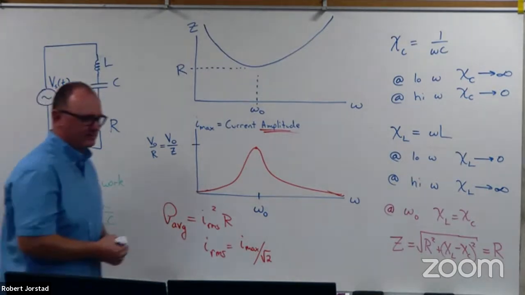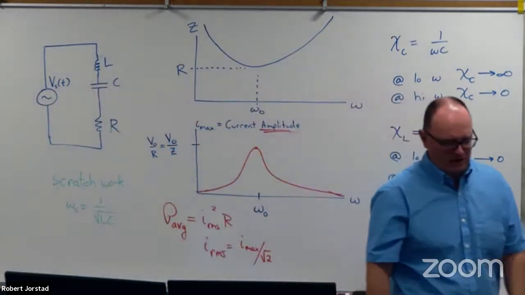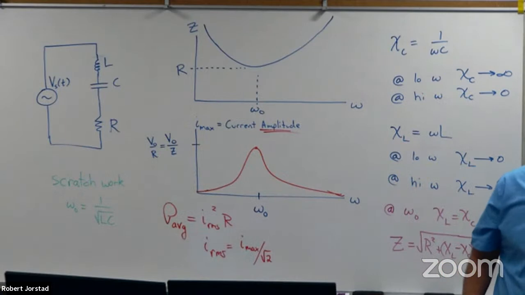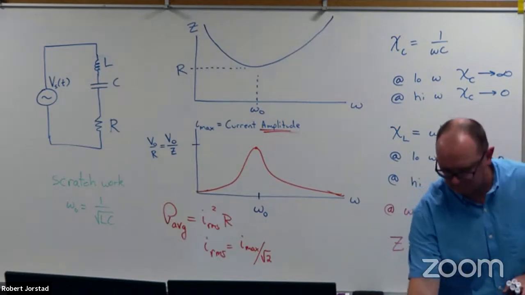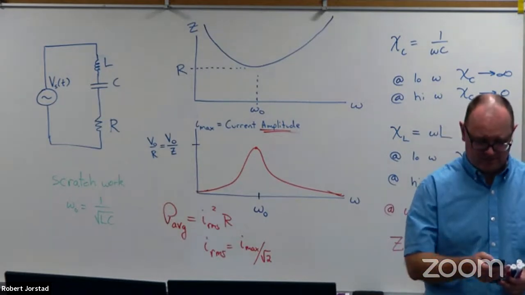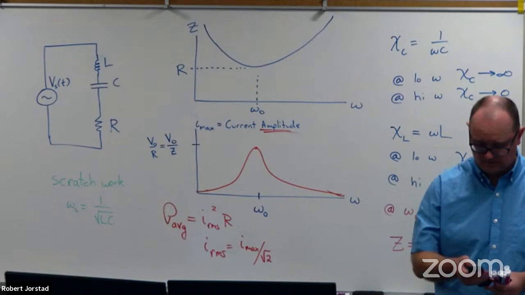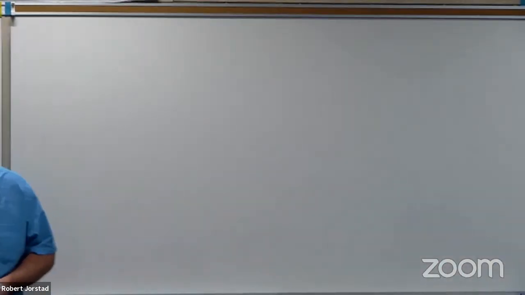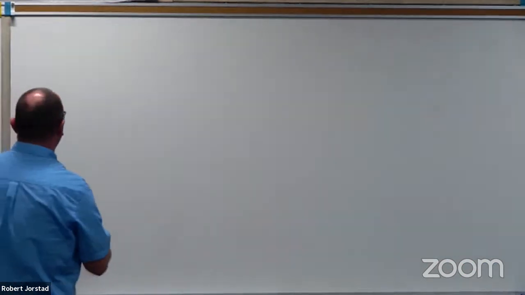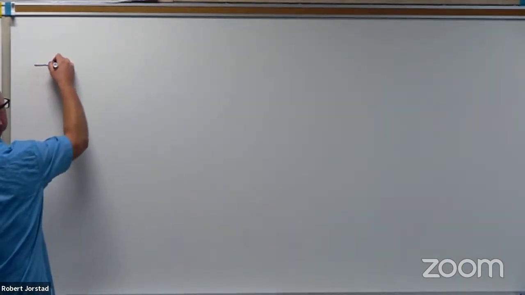So far, so good. Now, if you want, you may want to look at question 31.13. All right. And I'm going to draw that up real quick here. Let's go to board 6. All right. So the idea here is we have different components.